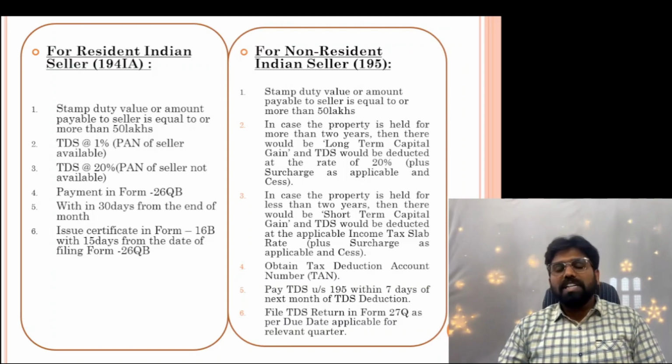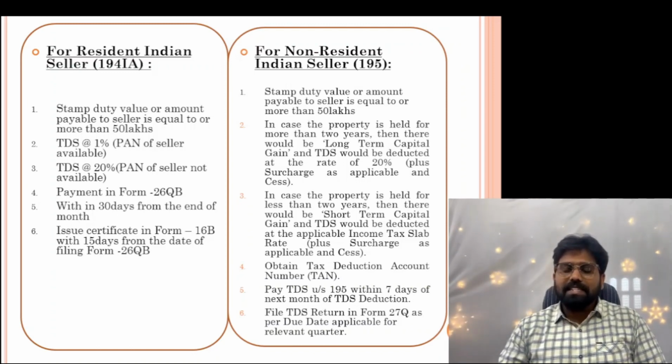This Form 26QB should be filed within 30 days from the end of the month in which the registration has taken place. For example, if the property is registered on 16th of June, the month end would be 30th June and Form 26QB should be filed within 30th July 2023.